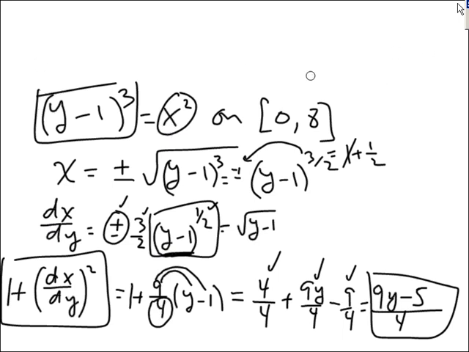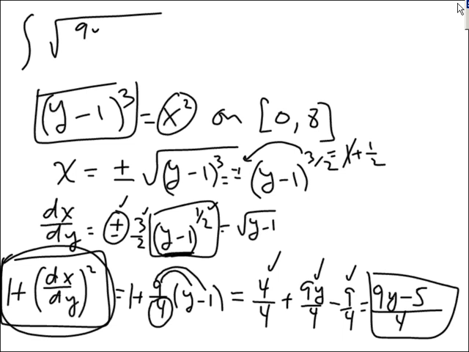So we want to integrate the square root of this here, which is also known as 9y minus 5 over 4 dy. But now, the question is, what do we integrate from?